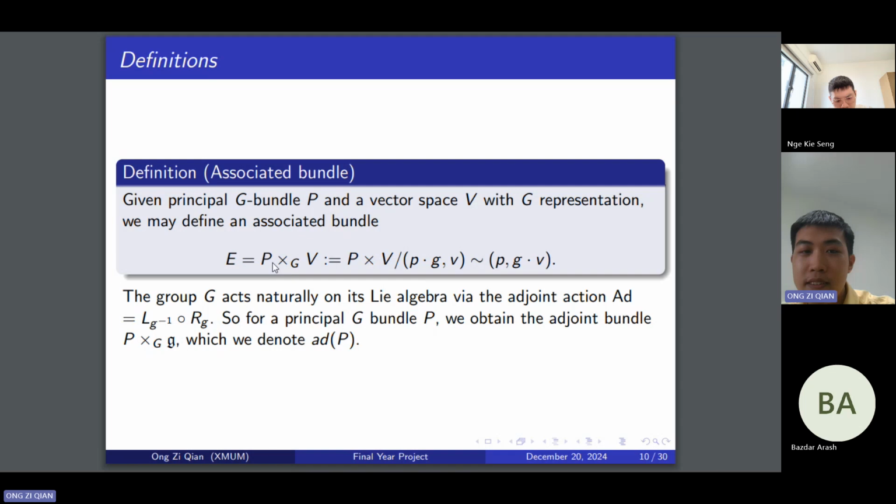That is, we define the multiplication in P and V by P times P cross V, but we identify the P times G at the first component and V at the second component as the same as P at the first component and G times V at the second component, because we already defined how G acts on P and V both.